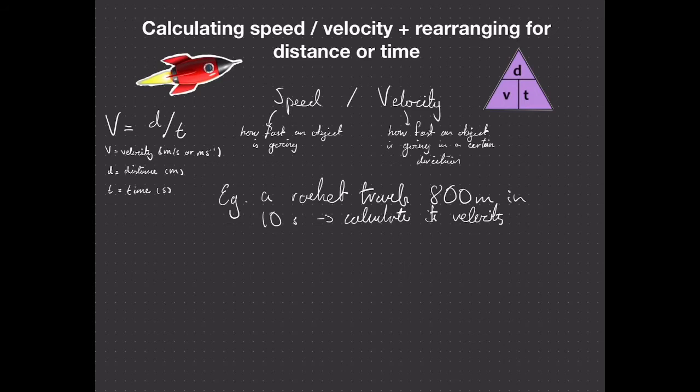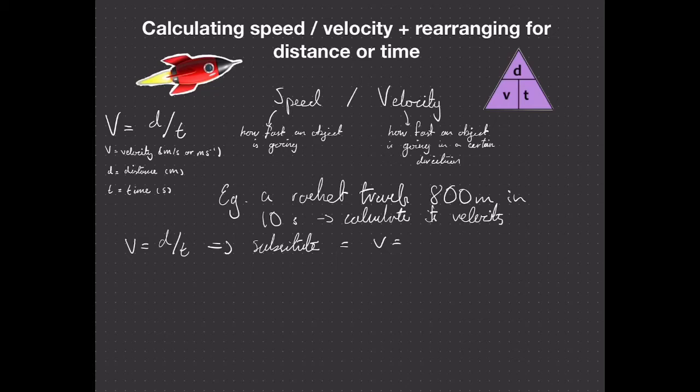All right. So we're going to write down our equation whenever we do any kind of calculation as our first step. So we'll write out v equals d over t, and we're simply going to substitute. We're going to look for information that we have in the provided question and put it into our equation.